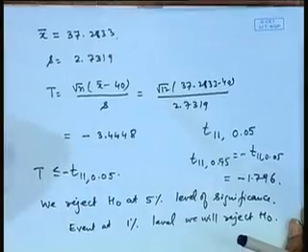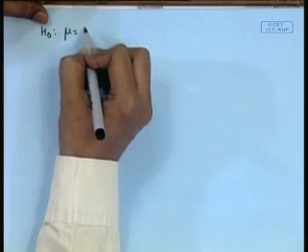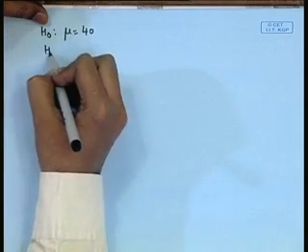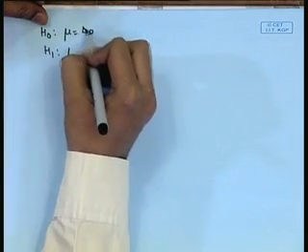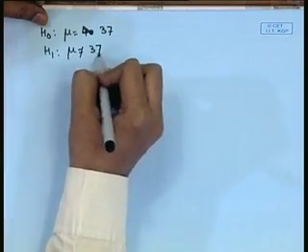On the other hand, suppose we want to test H naught: mu is equal to 40 against, say, H1, in place of 40 suppose I put 37, against mu is not equal to 37.